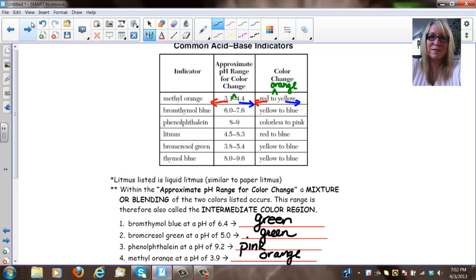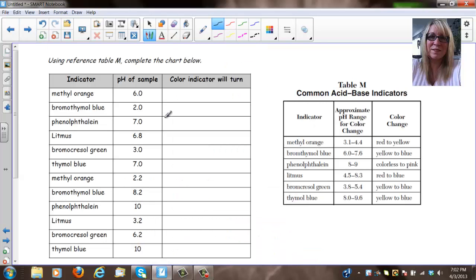All right, a couple of more examples and we're done. Methyl orange 6.0, well, that's greater than 4.4, so it's going to be yellow. Bromthymol blue at a pH of 2, it's less than 6, it's also going to be yellow. Phenolphthalein at a pH of 7. A pH of 7 is going to be less than 8, so it's going to be colorless.